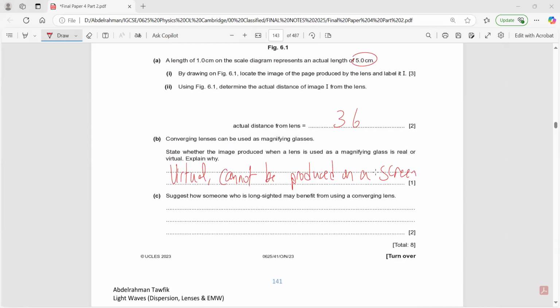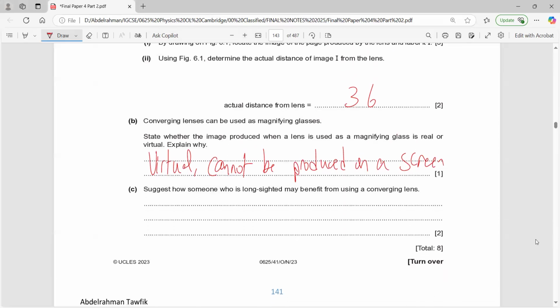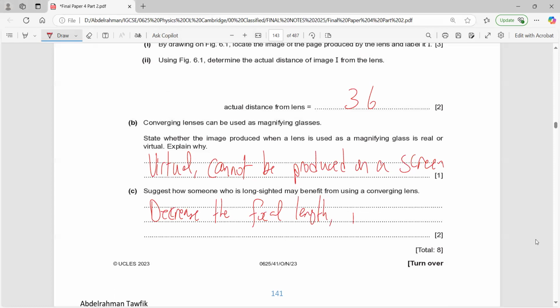When the rays meet on the retina, a sharp image is produced. So the converging lenses decrease the focal length, and then the image is produced.